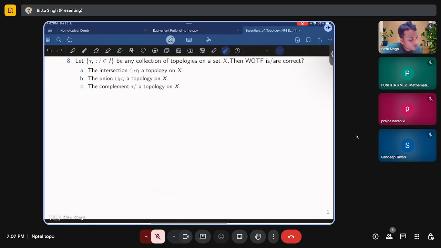So this is the index set, and tau I are all those topologies. Now, which of the following is or are true? If those are topologies, is the intersection also a topology? Is the union also a topology? Are complements of those topologies topologies or not?